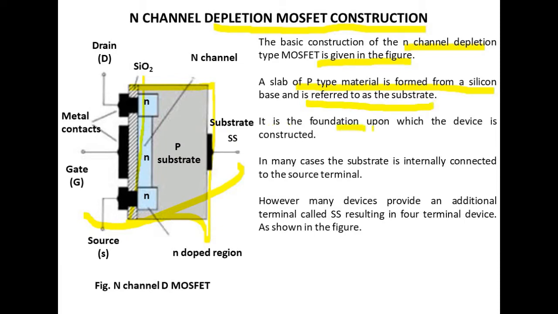It is the foundation upon which the device is constructed. In many cases, the substrate is internally connected to the source terminal. However, many devices provide an additional terminal called SS, resulting in a 4-terminal device, as shown in this figure.